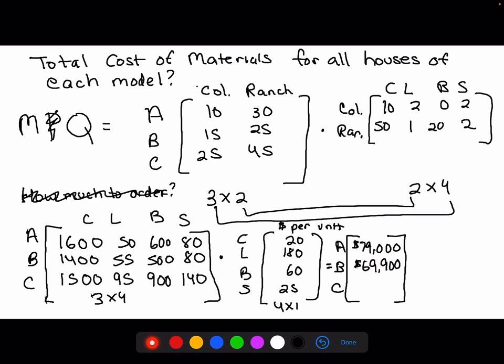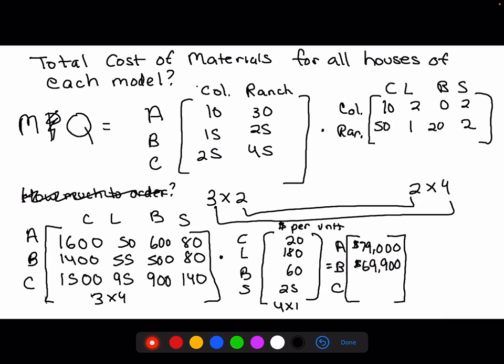Then model C, we have 1,500 times 20 plus 95 times 180 plus 900 times 60 plus 140 times 25.